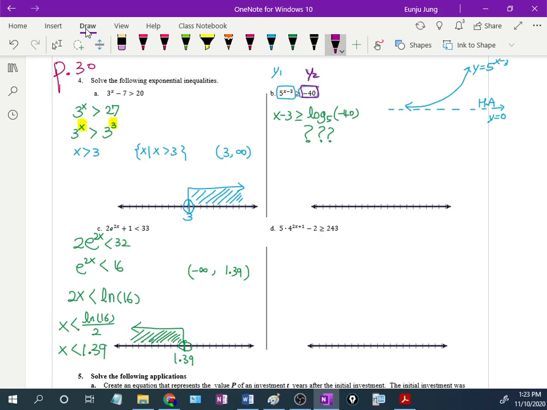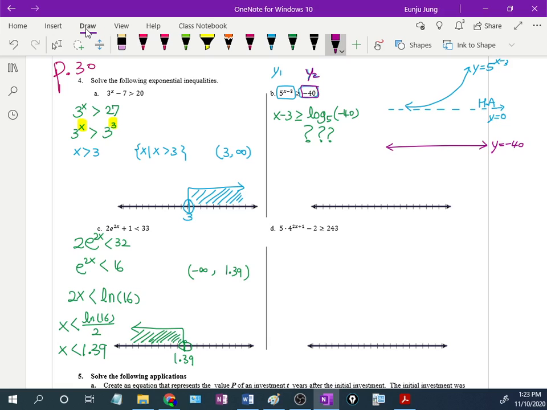And then let me use a different color for y2, okay? I'm going to construct y2, which is a constant function, going all the way down to negative 40, and there is a straight line here at negative 40. So this is y equals negative 40. And we are looking for any x value making this true, okay?